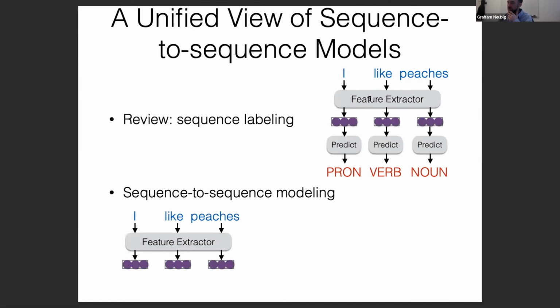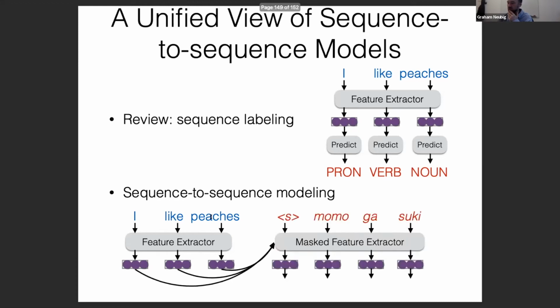So these can actually be exactly the same thing, and calculate one representation for each word. And then we have essentially a masked feature extractor here, where we calculate representations that can reference any of the things from the input feature extractor, but only things that occurred previously in the current output sentence. And then we predict the words here as well.